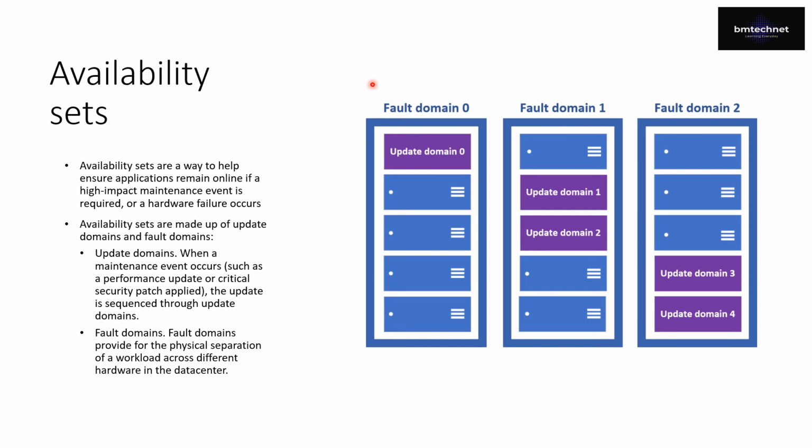By default, the virtual machines configured within your availability sets are separated across up to 3 fault domains. Like I mentioned here, you can have up to 3 different fault domains, which can help you in case of any disaster, and easily you can secure your data.